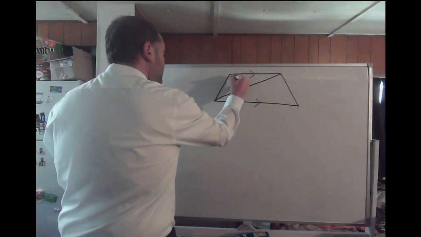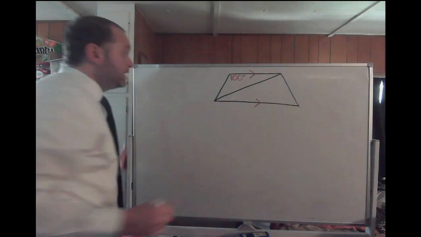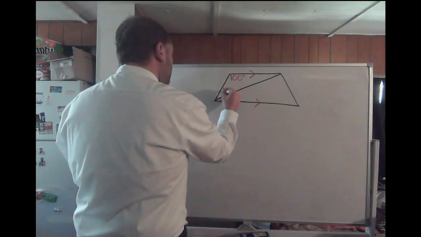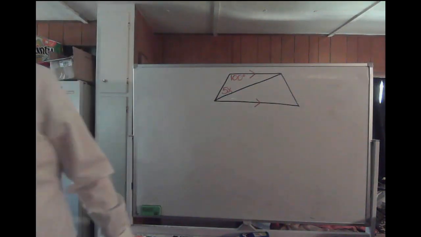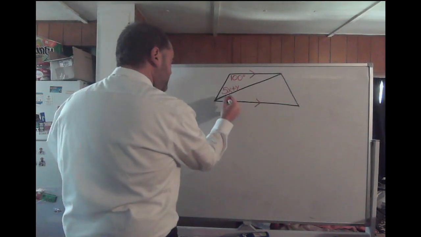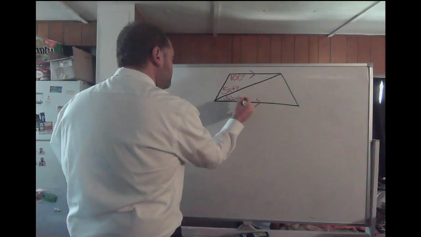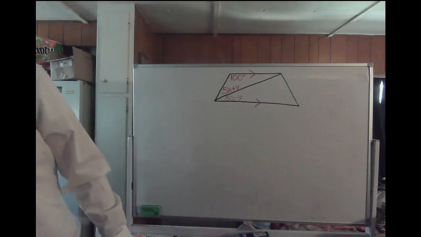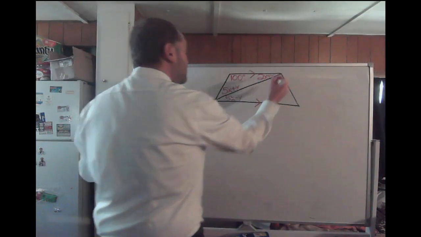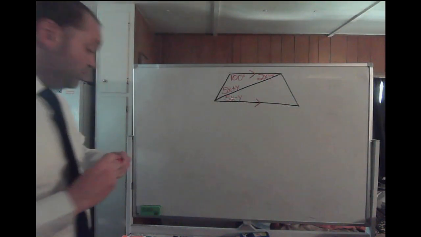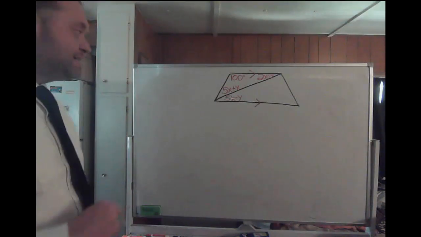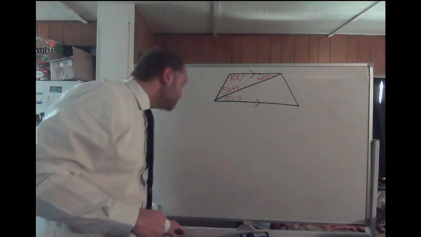This angle right here is equal to 100 degrees. This angle right here is, I believe, 5x plus y. This one's 5x plus y. This one down here is 5x minus y. This one up here is 2x plus y. So yeah, it's going to look like we're going to have a system of equations, but not quite. It's actually not as bad as you think.